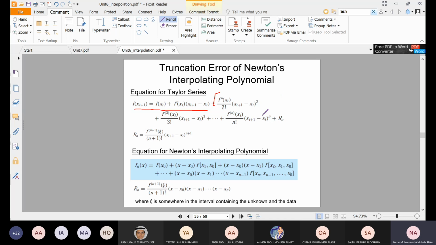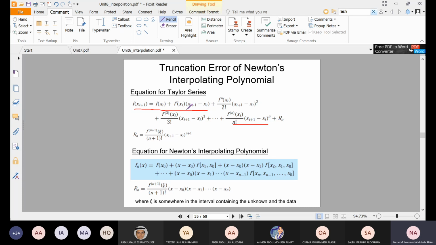If we take this approximation from here until this point, the remainder will be the n plus 1 derivative of the function over n plus 1 factorial, multiplied by the step size, the difference between the start point and the end point, to the power n plus 1. Usually in the Taylor series we have h, the step size, to the power n plus 1.